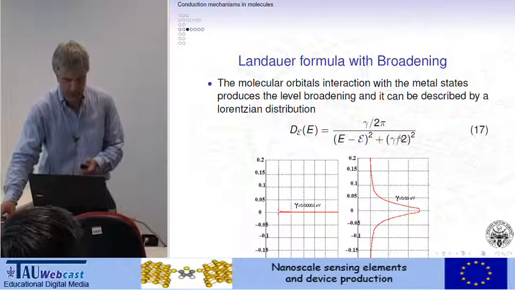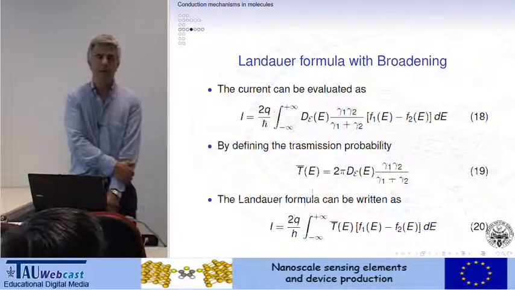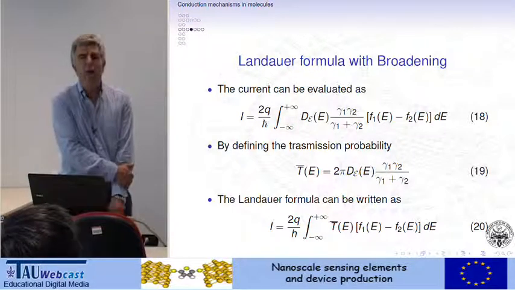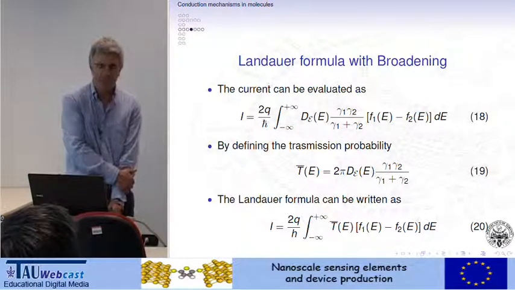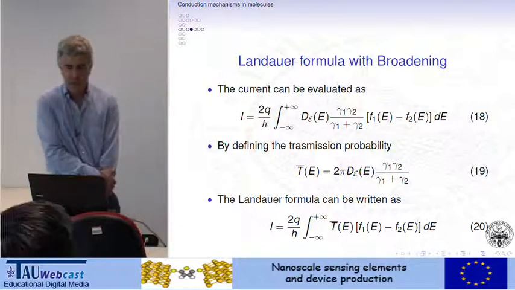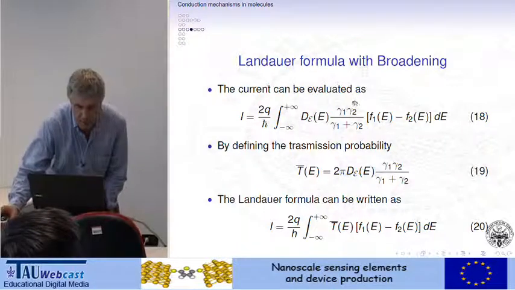So the idea is quite simple. It's clear that now we have to consider many contributions to the current, one for each energy involved in the transmission of electrons.